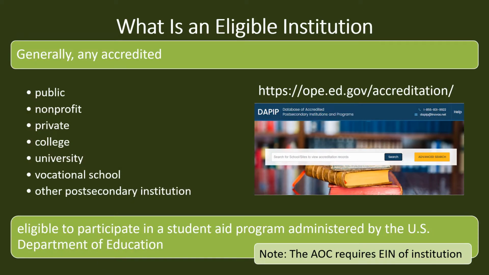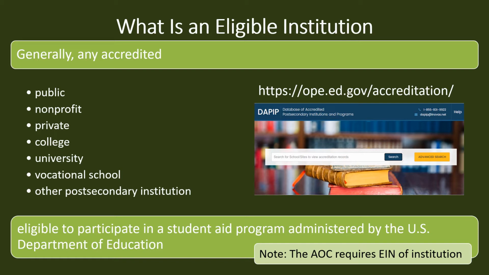We're going to go through some of the requirements in order for our taxpayers to be able to claim these education credits. So we're going to begin with the requirement that the student has to be enrolled in an eligible institution. So what is an eligible institution? Well, generally any accredited public, nonprofit, or private college, university, vocational school, or other post-secondary institution is going to be an eligible institution.